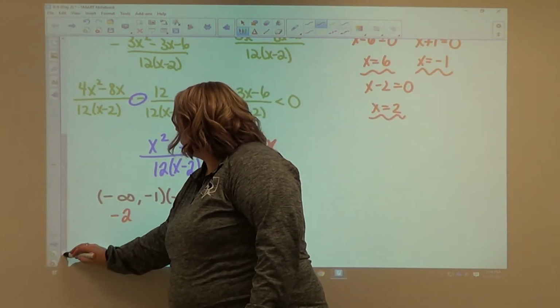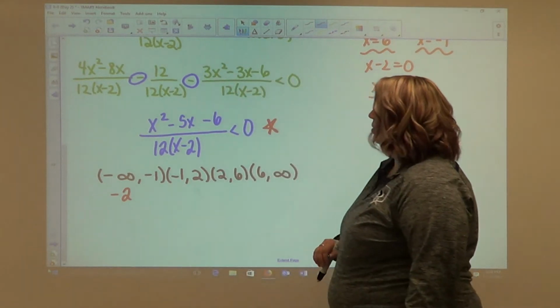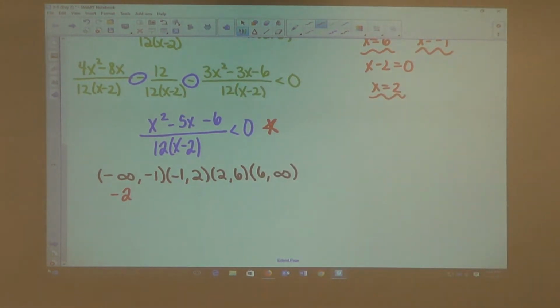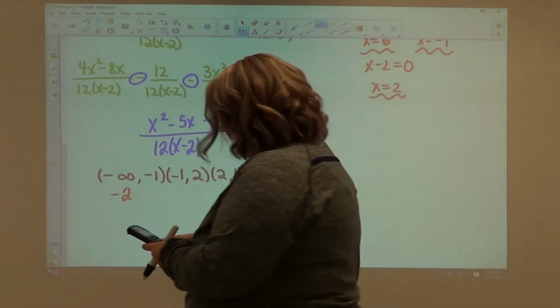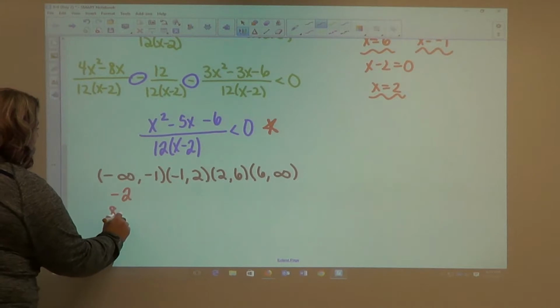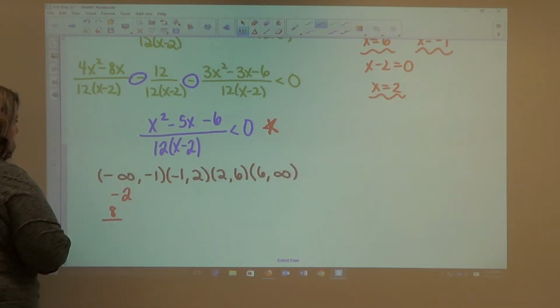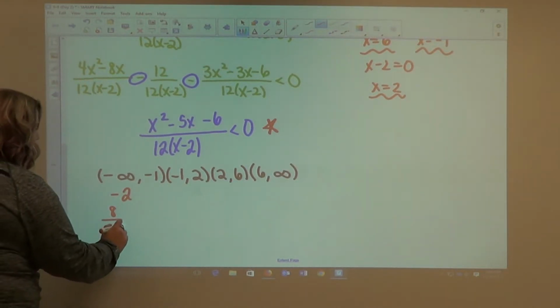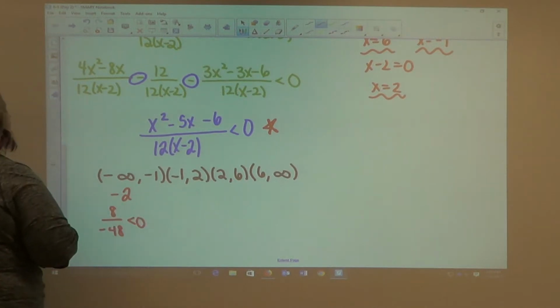When I plug that in, I get negative 2 squared, which is 4, plus 10 minus 6, so I get 8 on top. On the bottom, negative 2 minus 2 is negative 4 times 12, which is negative 48. Is this number less than 0? Well, it's negative, so yes, it's less than 0.